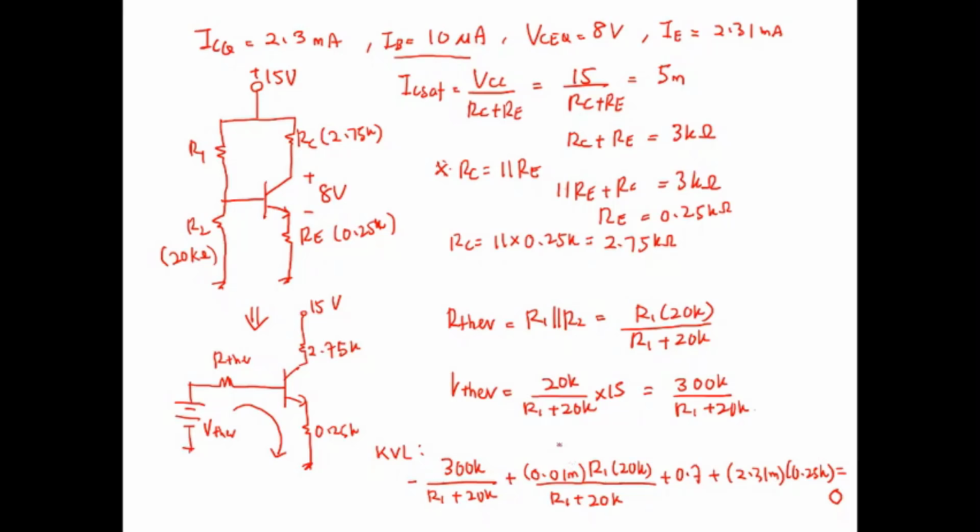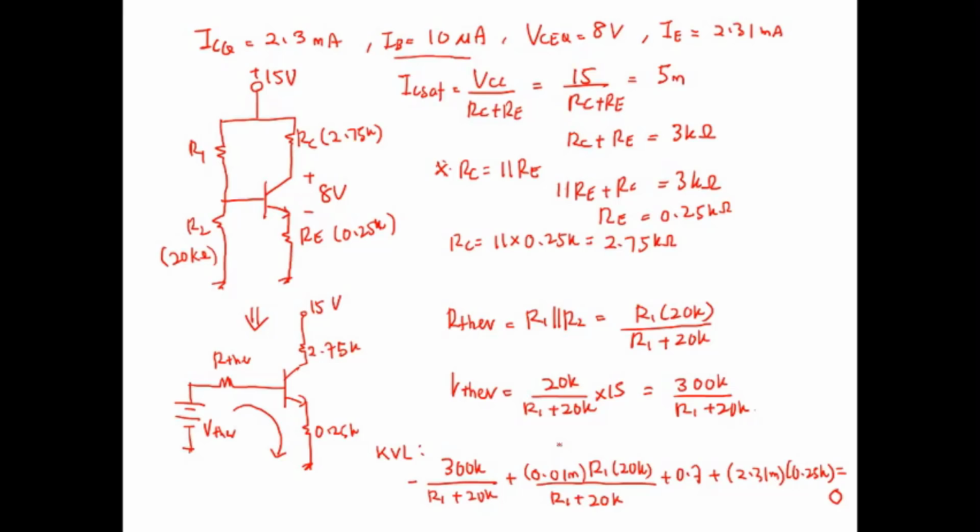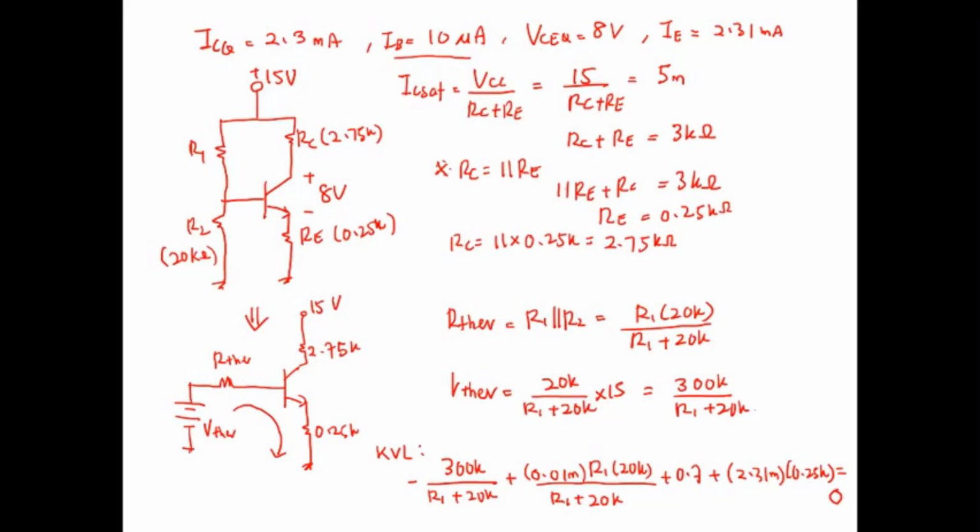In this KVL you have only R1 as your unknown parameter, so you can solve it. Let's solve it term by term. You will get something like this. This is R1 plus 20k. Actually we can rearrange this.